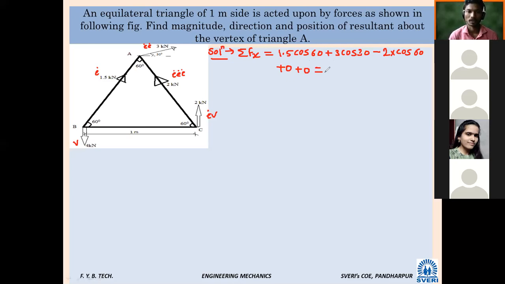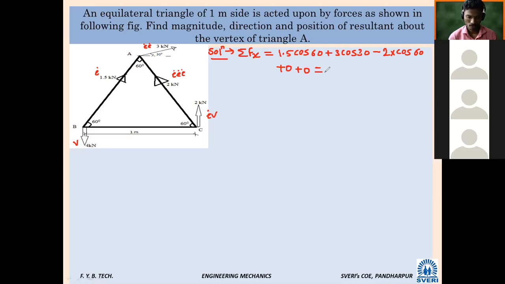Roll number 3, tell me the answer of this summation Fx. Sir, minus 2.84. 84 or 34? 34, sir. Minus or plus? Plus, sir.